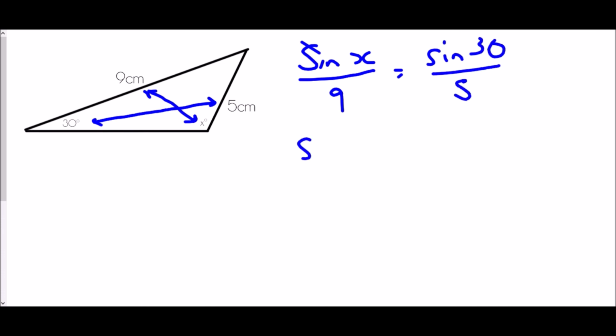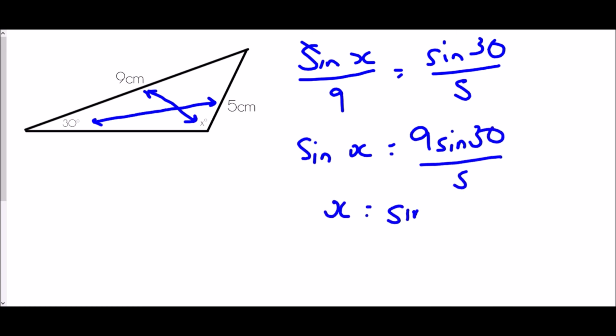And therefore, sine x would equal 9 sine 30 over 5. And x would then be the inverse of that, so sine inverse of 9 sine 30 over 5.